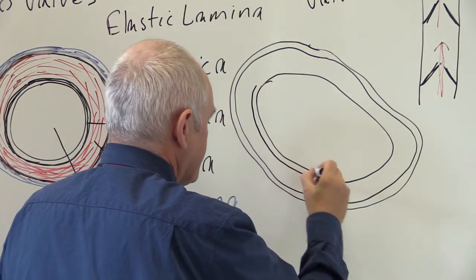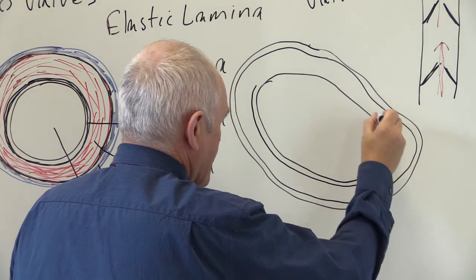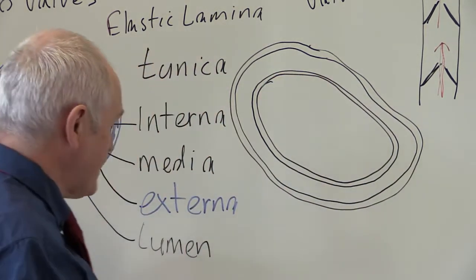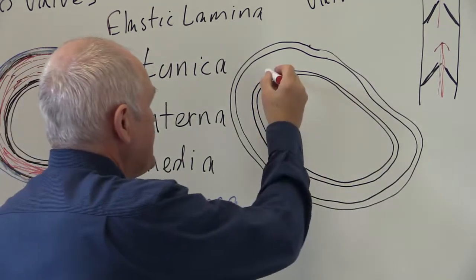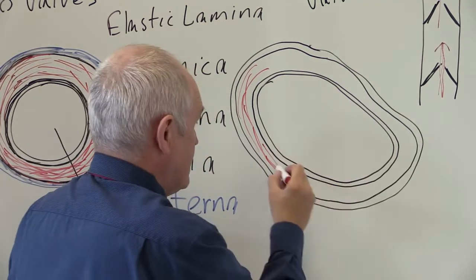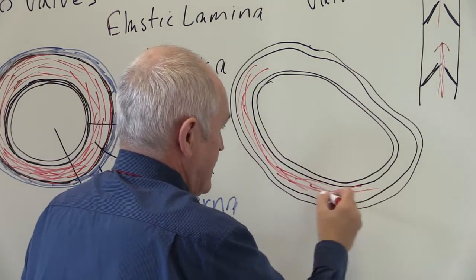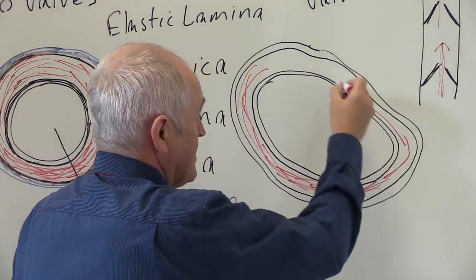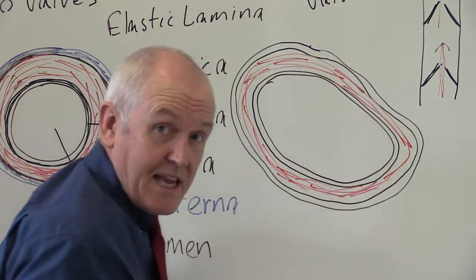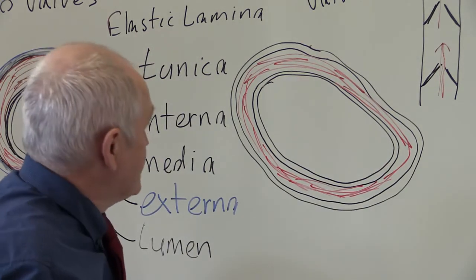There's the intima there. The intima is vascular endothelial cells. The media is smooth muscle and some elastic fibres. But the veins do not have the elastic lamina that the larger arteries do.